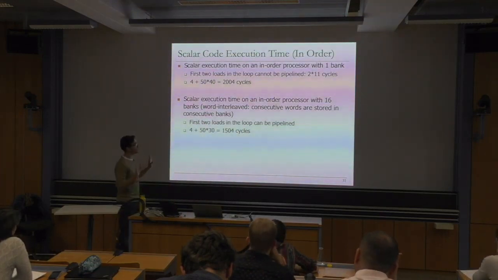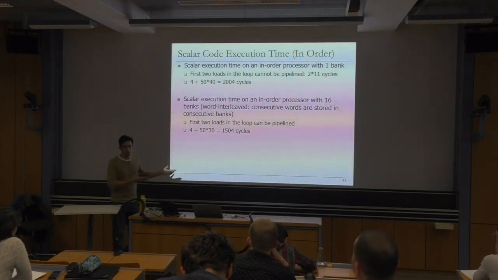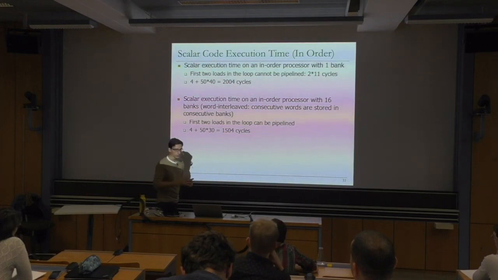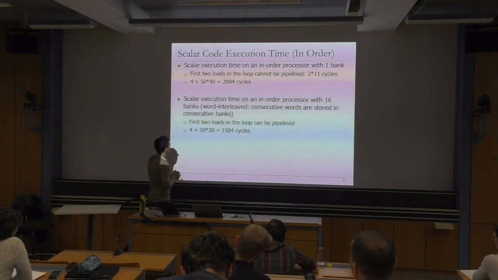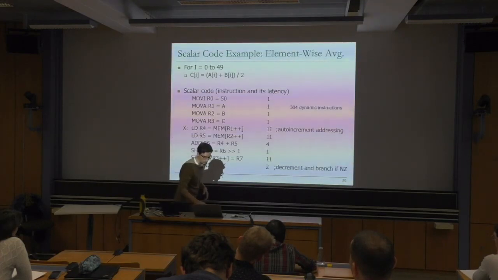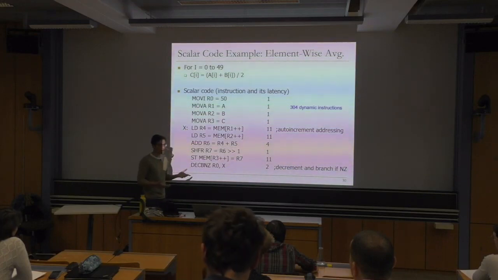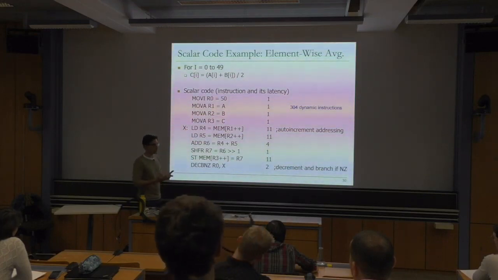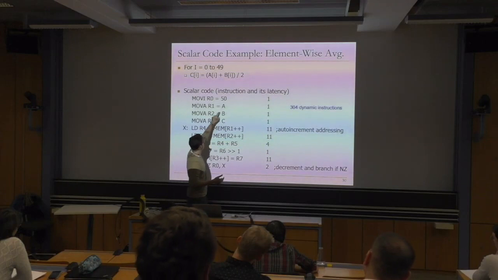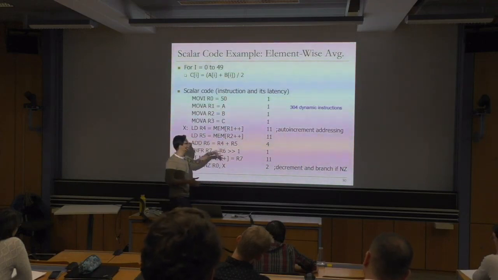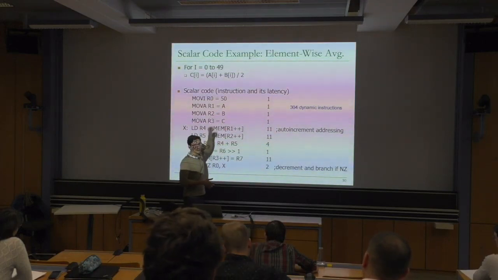This is in the case that we only have one single bank in memory, but because we don't want to be unfair, and we are going to compare to vector processors now, we are going to consider that this in-order processor, this very naive CPU, can already use a memory with 16 banks. So what this means is that unless these two are mapped into the same bank, we're going to be able to read them at the same time. So let's assume that for example, A0 is in bank 0 and B0 is in bank 1.